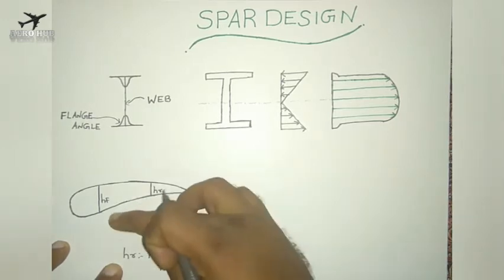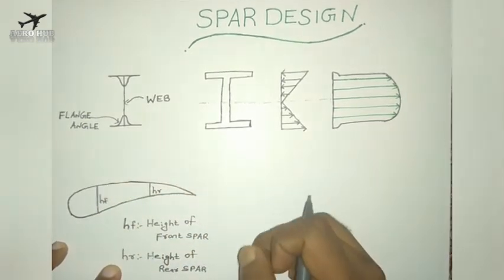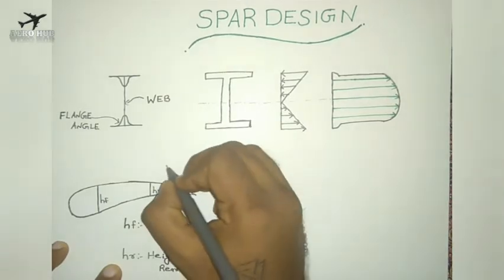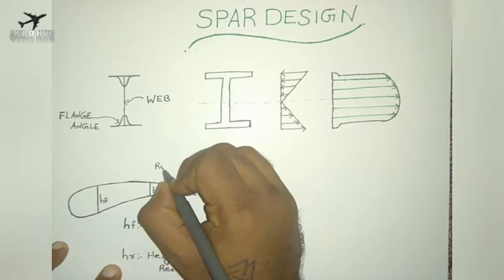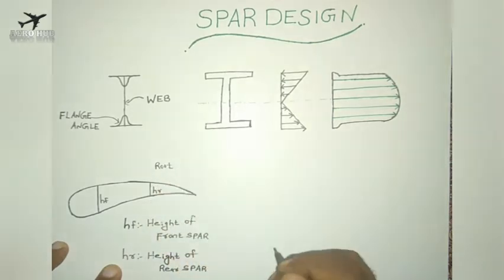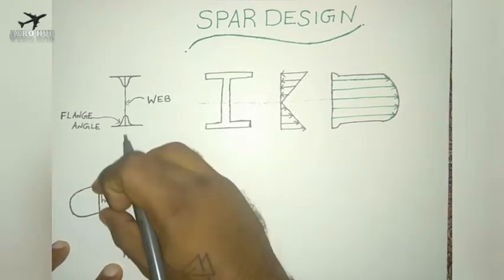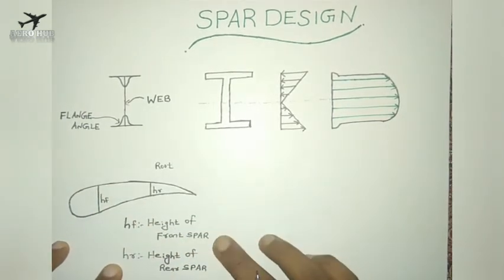Most aircraft wings have two spars, and we will find the bending moment and shear force acting on each. You can see in this figure a section of the wing, and let this section be at the root of the wing. HF is the height of the front spar, and HR is the height of the rear spar.